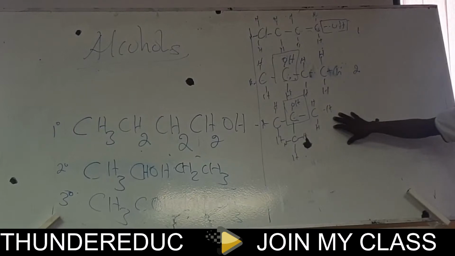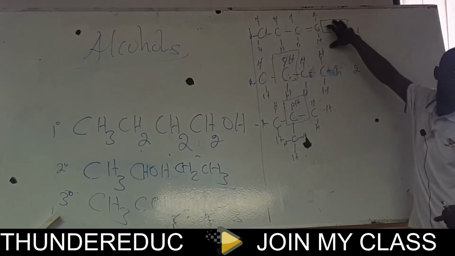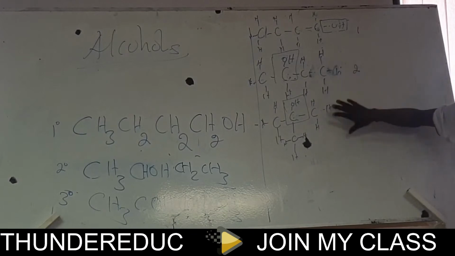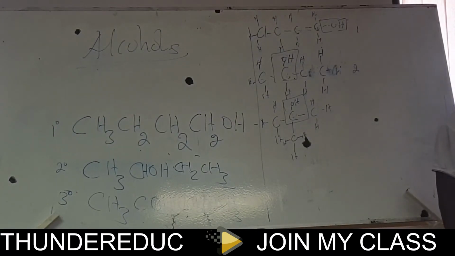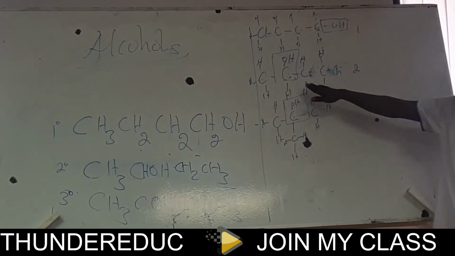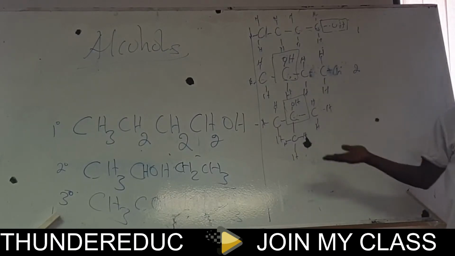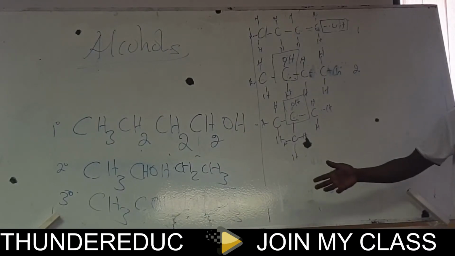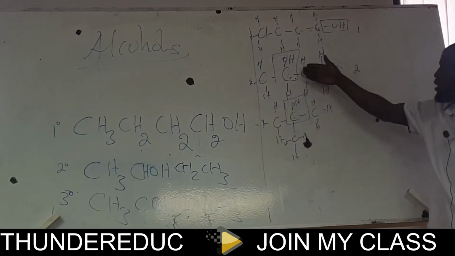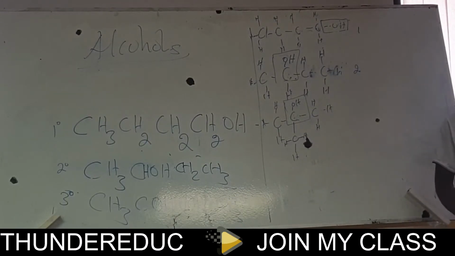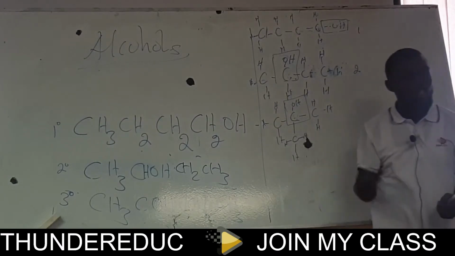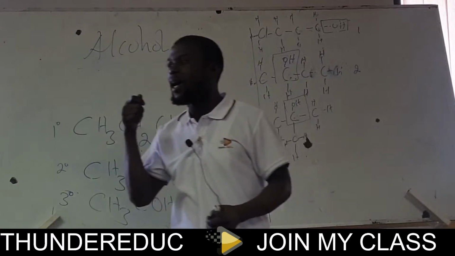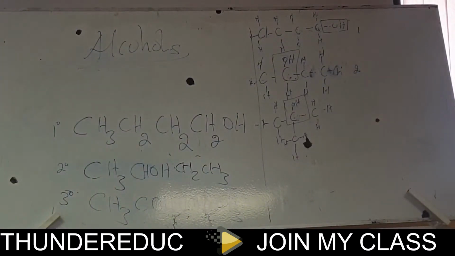Well, this one is a functional isomer. The chain here has changed, but the position of OH is the same. If you don't change the position, depending on how many carbon atoms you have, in most cases it is a chain isomer if the position of the OH is not changed on the carbon atom which has the functional group.